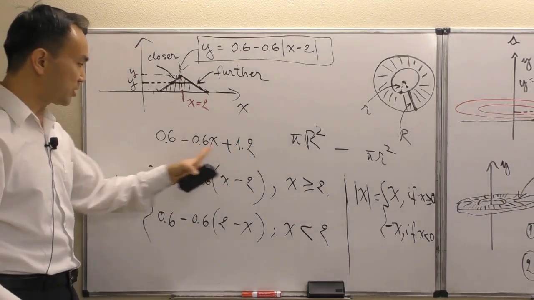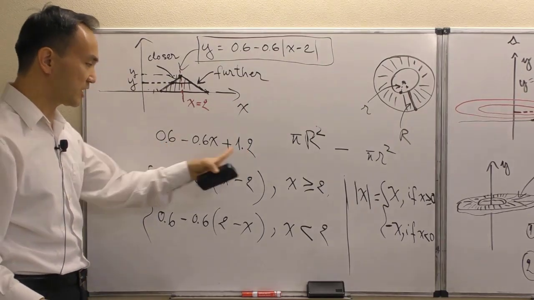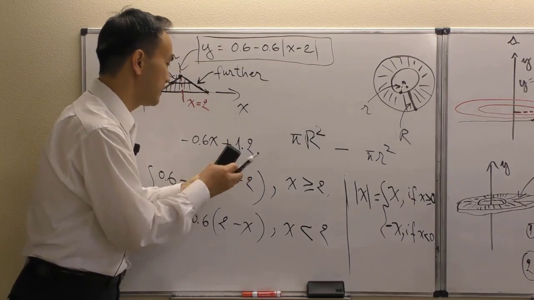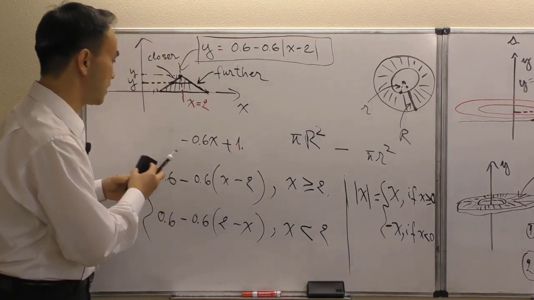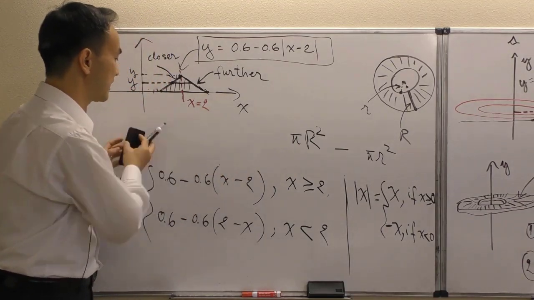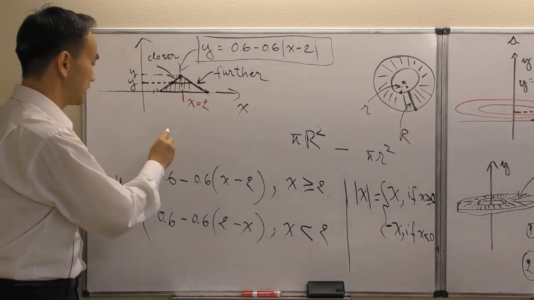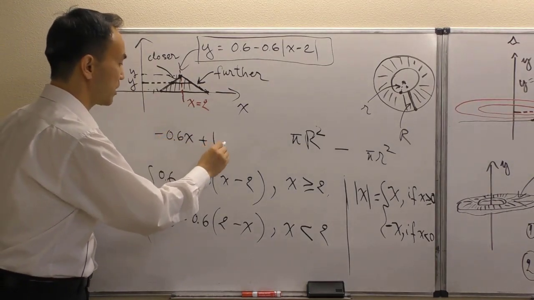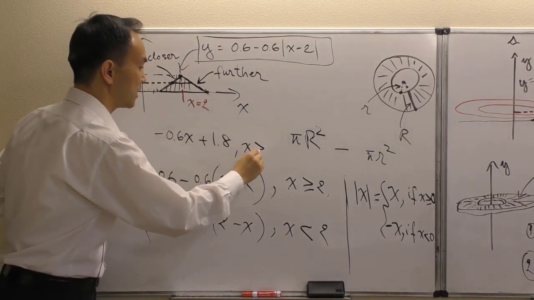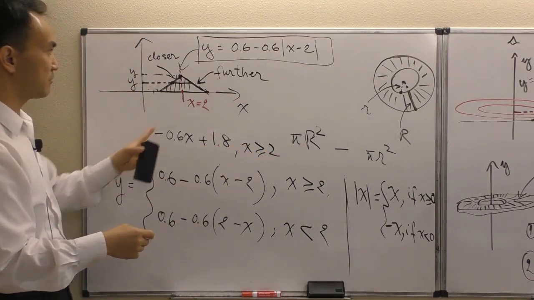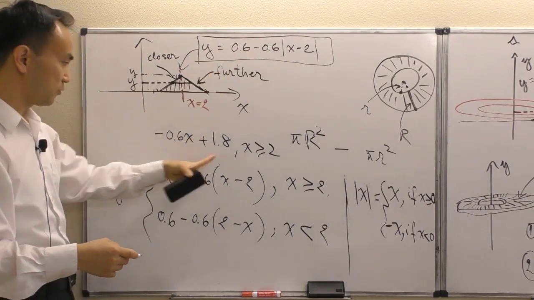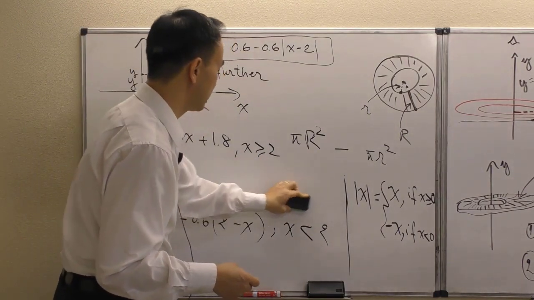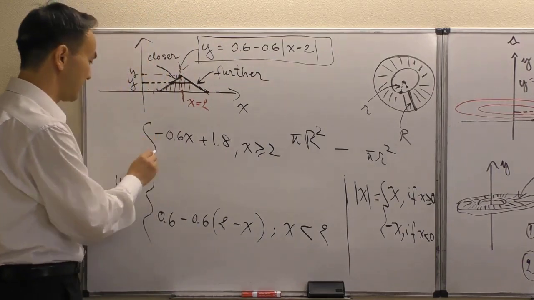But 1.2 is a like term with 0.6, so 1.2 plus 0.6 is the same as 1.8. So really, my expression here is saying that y equals minus 0.6x plus 1.8 when x is greater than or equal to 2. That's how I'm rewriting our expression there. Okay, so that knocks down one case right there.